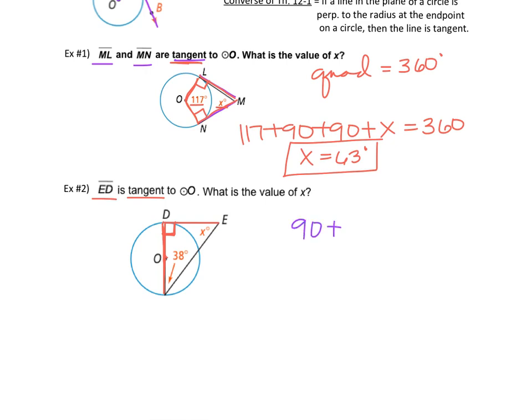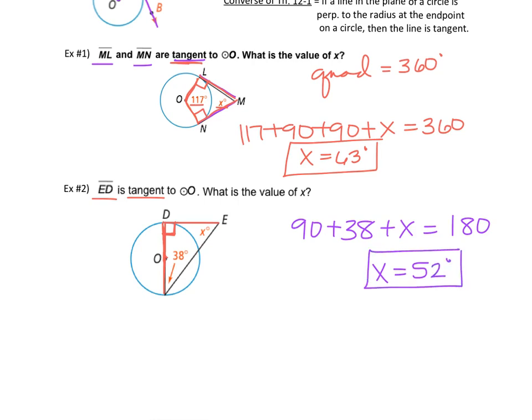You would take 90, 38, and x, and here's the difference. It's a triangle now. So that means it has to add up to 180. So you're going to go 180 minus 90 minus 38 is 52. Okay, so x here would be 52 degrees.